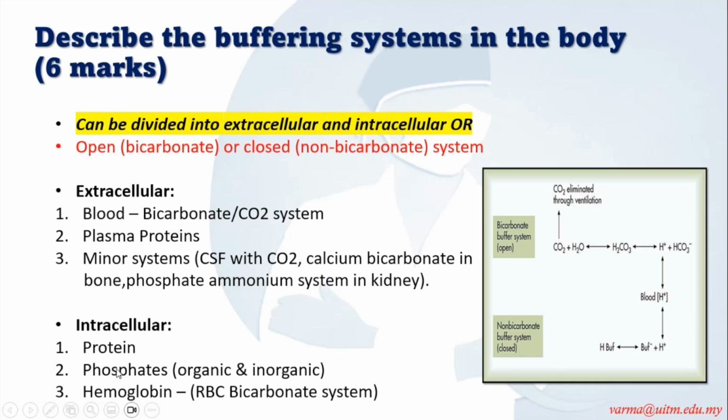Intracellular is protein and phosphate. Again, the hemoglobin RBC bicarbonate system, some books mention as extracellular. They merge it along with the blood, but ideally it should be intracellular because it's happening inside the RBC. RBC is a cell. But if you put it here along with the blood, you won't be penalized because many books actually mention it as extracellular.